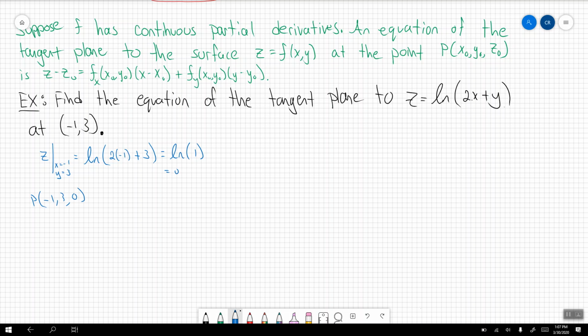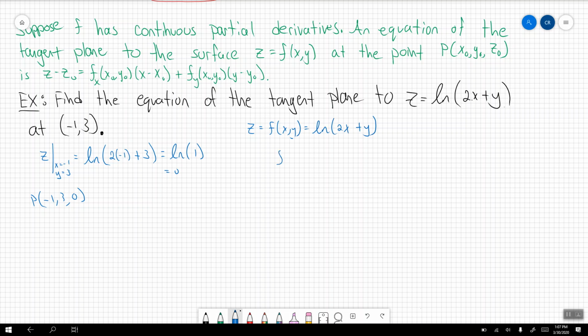Awesome. Now we want to talk about the partial derivatives. So let's look at the first order partial derivatives for that function. Actually, I'm going to rewrite this differently. I'm going to say z is equal to f of x y, which is equal to the natural log of 2x plus y.